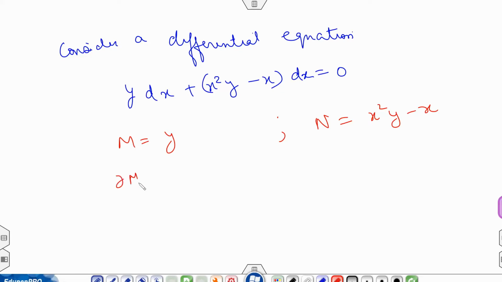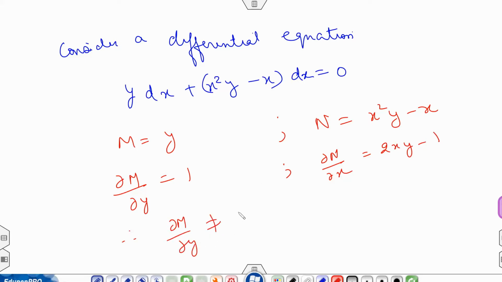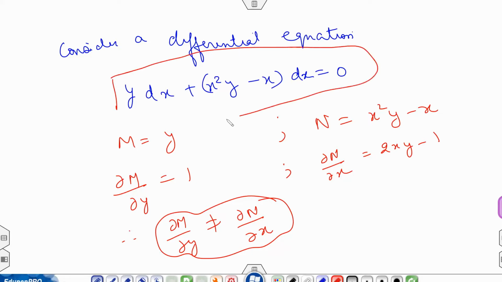If you find ∂M/∂y, it is equal to 1, and if you find ∂N/∂x, you will get this. Therefore ∂M/∂y is not equal to ∂N/∂x. Since these are not equal, this equation is not exact.